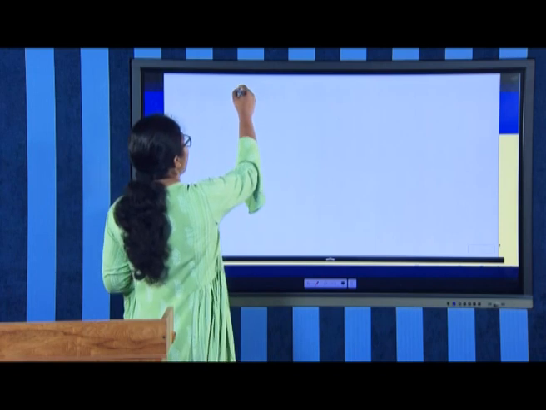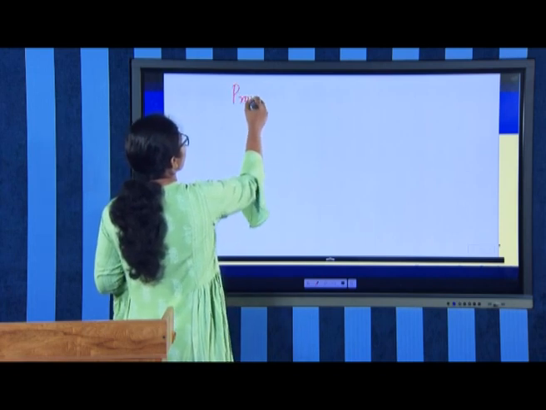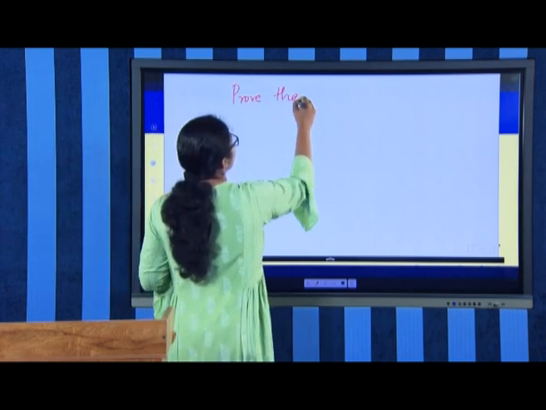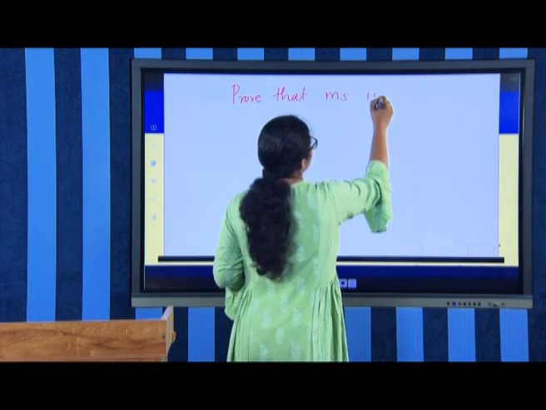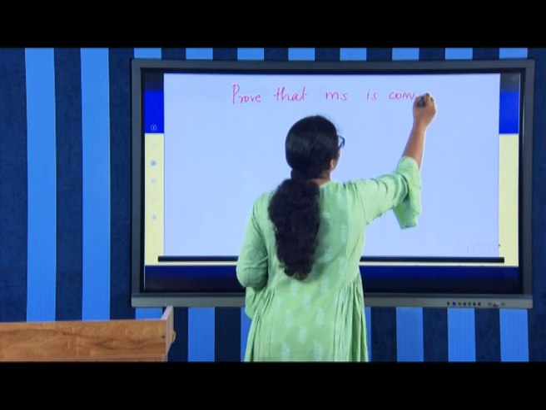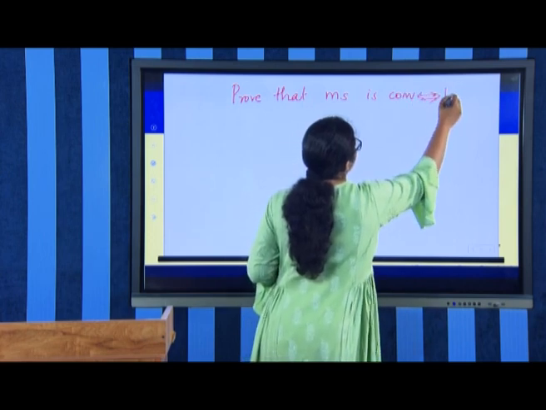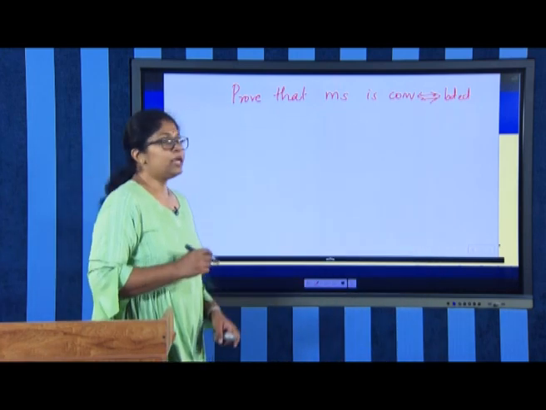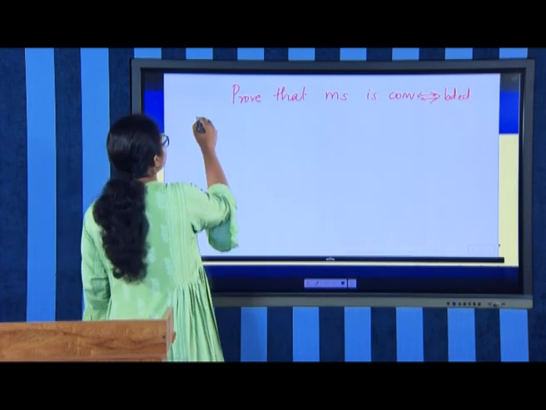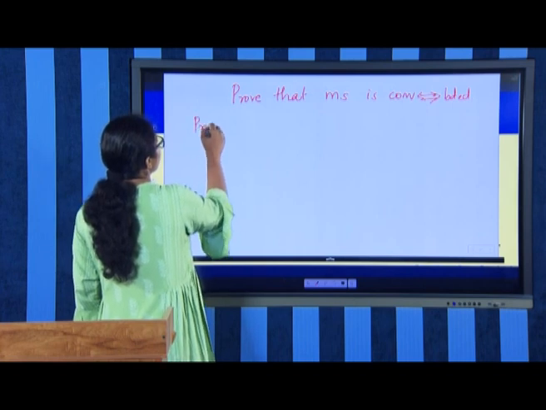We have to prove that a monotonic sequence is convergent if and only if it is bounded. The proof is like this.